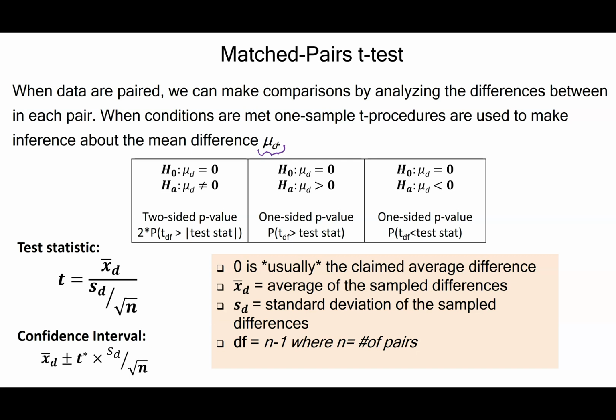Be careful, this is not the same as the difference in means, which will be next week. So usually we will use 0. Almost always, not always, but most of the time, zero is the claimed mean difference. So you can have a null saying that mean difference is equal to 0, but then we're going to look at not equal.